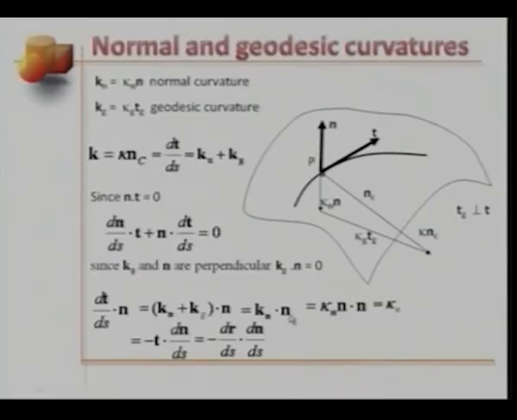What is r here? R is the parametric equation of this curve. Now this is equal to minus of dr dotted with dn over dr dotted with dr.